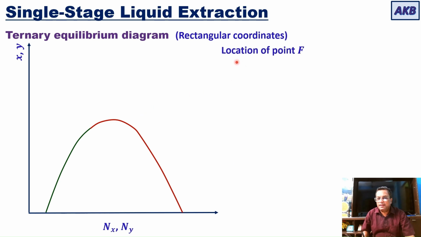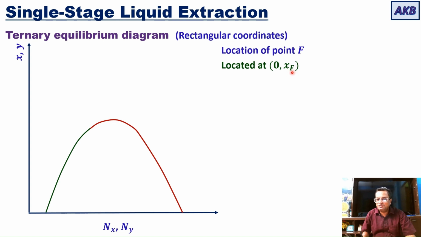Now, let us learn how to locate point F here. We understood how to locate it on the equilateral triangular coordinates. Now let us understand how to locate point F over here. Point F is located at a point which has coordinates of 0 and xF.